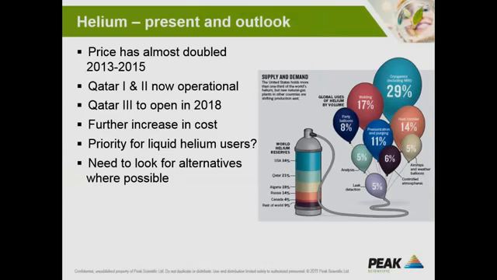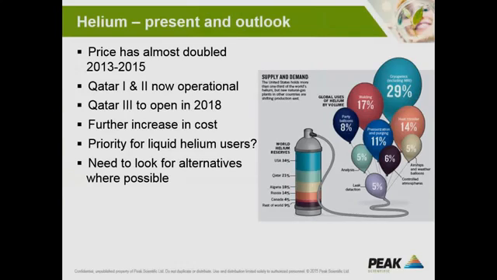Again, if you look at the figure on the right-hand side, it shows in the balloons there the consumption of helium, with the vast majority of helium being used for applications such as cryogenics and welding, with party balloons weighing in at 8% of consumption.